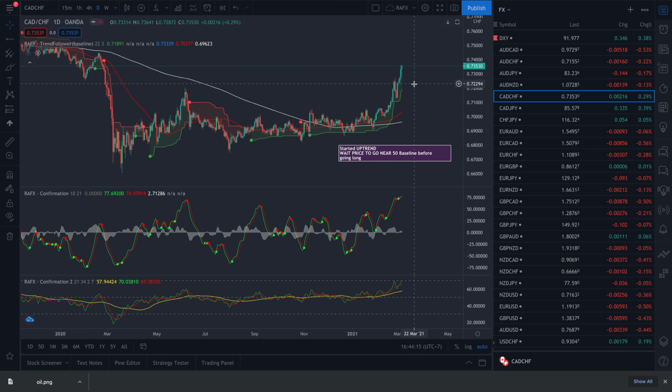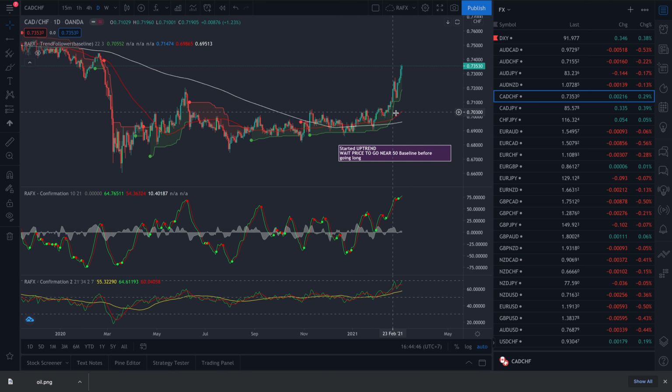For the market structure in here, we usually look for support and resistance, or use my baseline. My usual baseline is the 50 baseline, which is the red. And if you notice, the price of CAD CHF is very far from this market structure here. So I have a note here that I need to wait for price to go near the 50 baseline before going long.